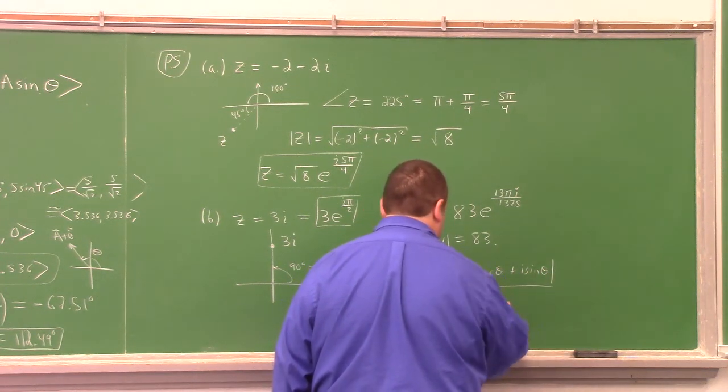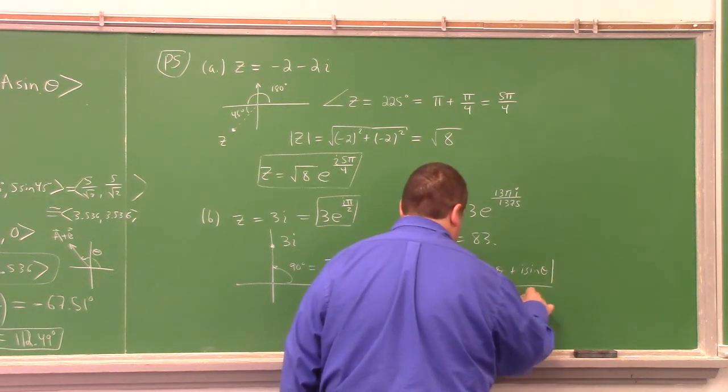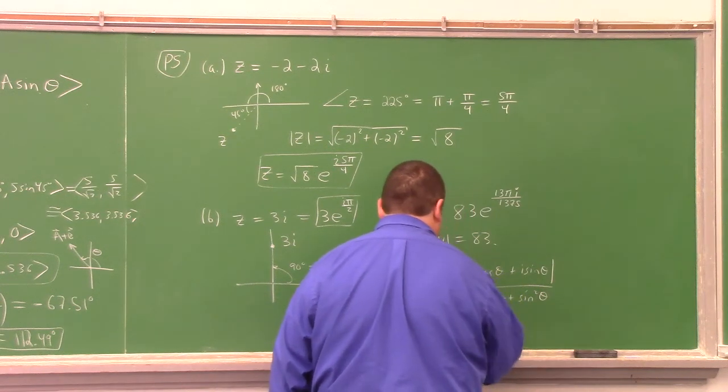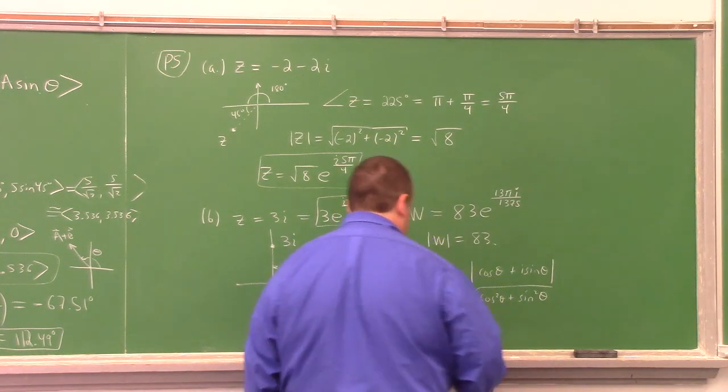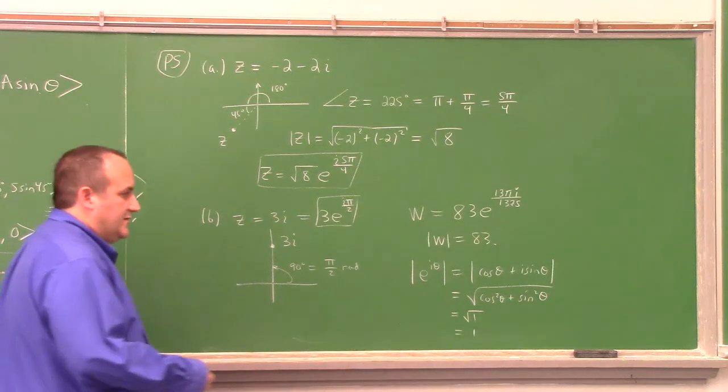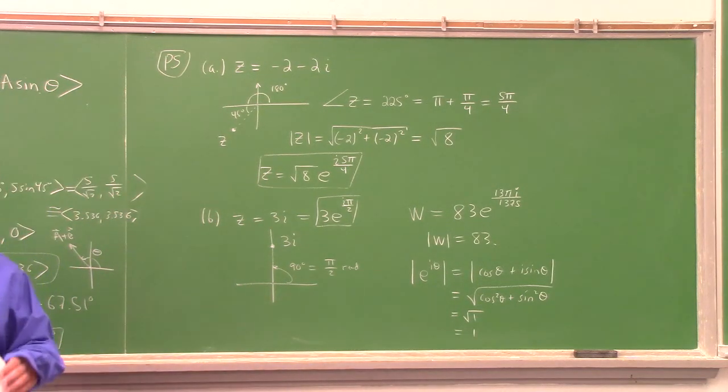Square root, cosine squared plus sine squared, also known as square root of 1, also known as 1. And so when you take the magnitude of any complex number, if you have it written as number times imaginary exponential, that number, whatever it is, out front has to be the magnitude. Provided one thing, provided it is a positive number. If it's negative, you got work to do.